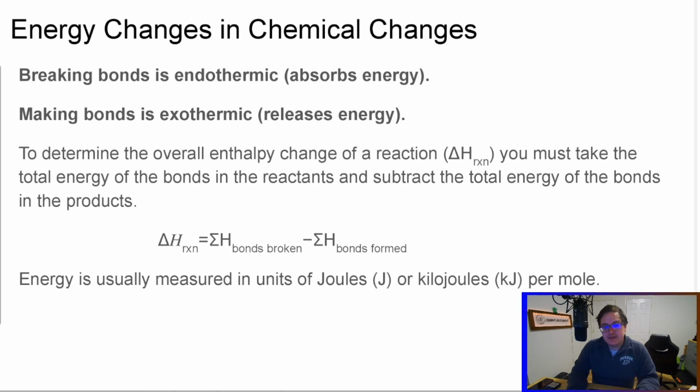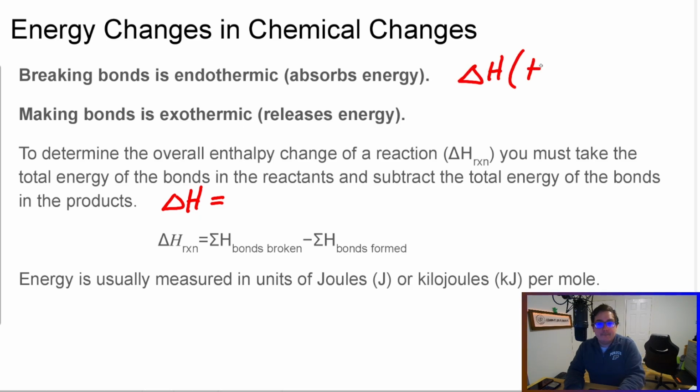Now, to determine if a system is endothermic or exothermic, we have to use this equation down here, and let's unpack it. The change in enthalpy, if delta H is positive, it absorbs energy.